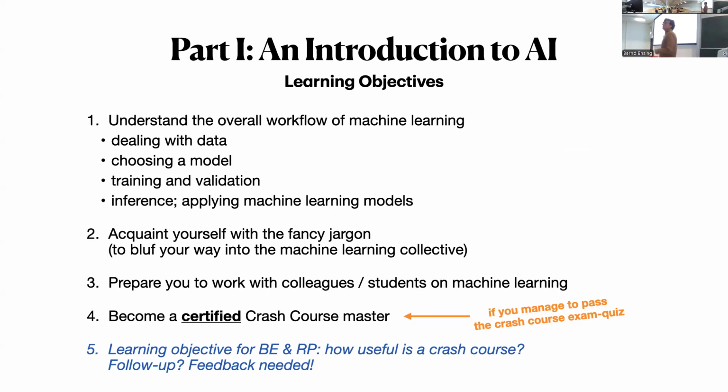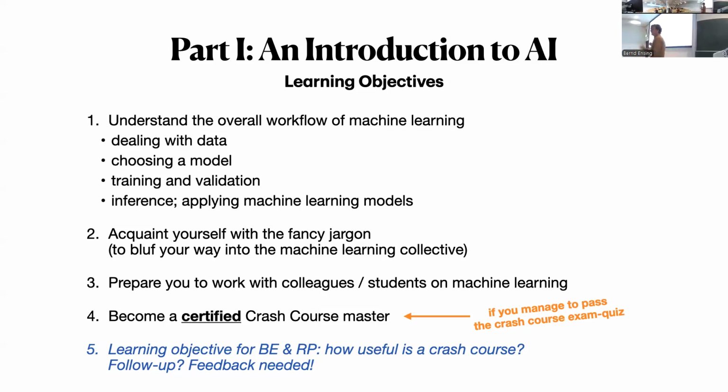Of course, another learning objective is I'm going to throw as much jargon at you as possible and try to explain everything so that you can walk your way into the machine learning collective, right? So that's another plan, and prepare you to work with your colleagues and students that are working on machine learning. So they need to know what they're talking about and interact with collaborators. And of course, the fourth thing is to become certified for the master. But as I said, you have to pass this exam.